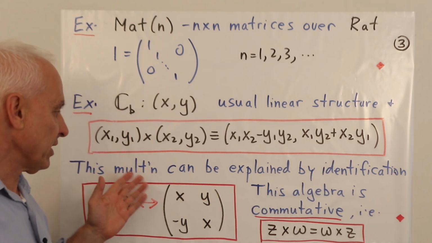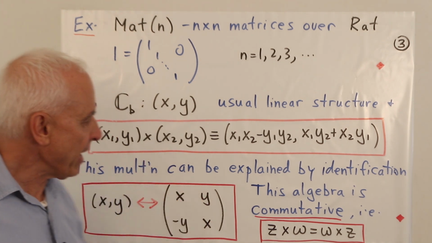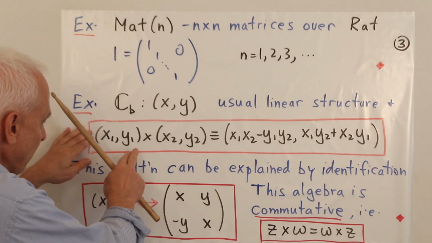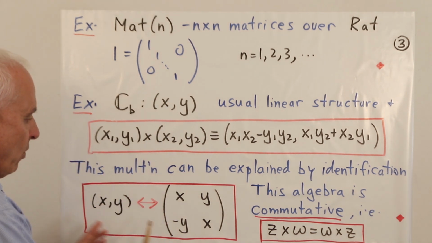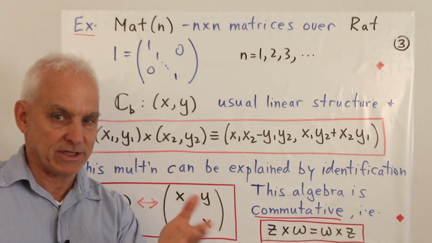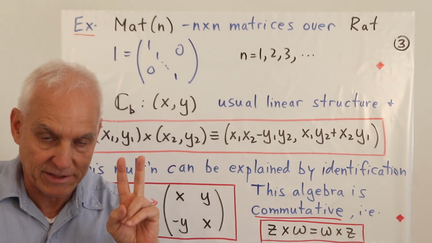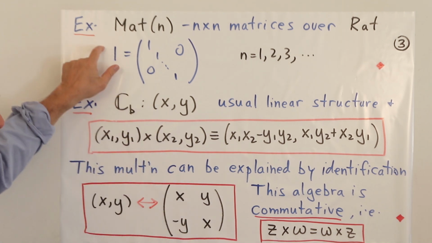Now, this multiplication can maybe be elucidated by realizing that you can identify this vector x, y with this 2 by 2 matrix. So this embeds the blue complex numbers inside the algebra of dihedrons, which is the algebra of 2 by 2 matrices, a special case of these ones here.